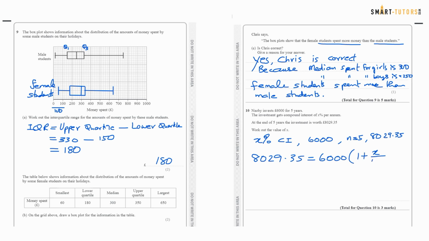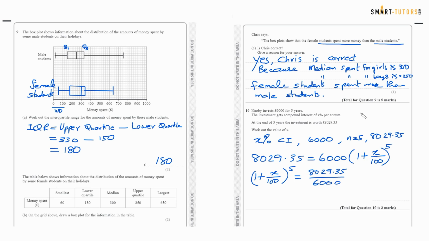8029.35 divided by 6,000. Let me use the calculator. 8029.35 divided by 6,000 is 1.338225.